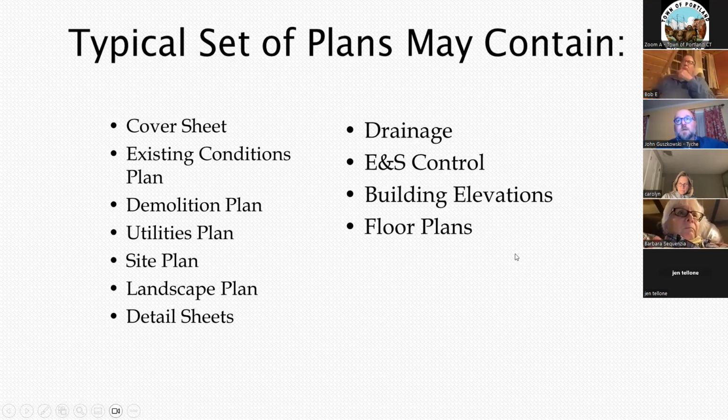Yeah, very often in an existing conditions plan, particularly for undeveloped properties, you would have soil types in many cases. And those soil types would affect the drainage plan. So even if you're doing drainage in infiltration underneath a parking lot or in a grassed area, the soil type is extremely important because that will affect your drainage.